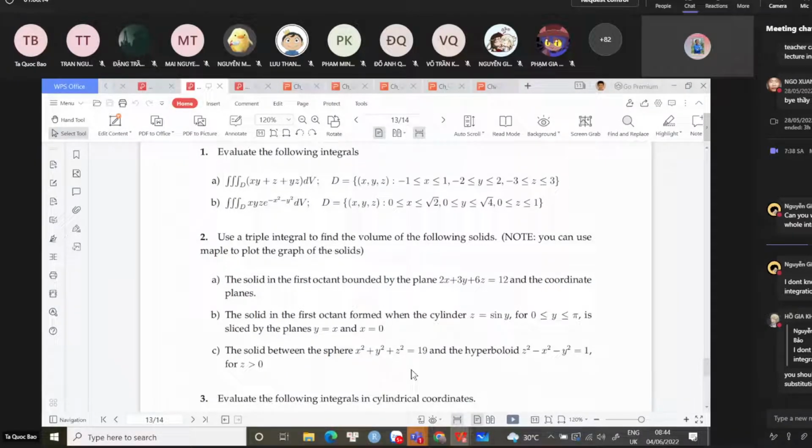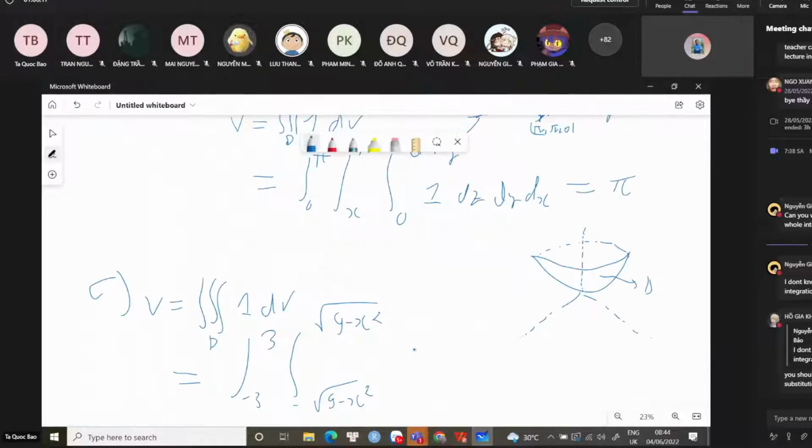Oh, yes. Need to go from square root 1 plus x power 2 plus y power 2 to square root 9 minus x power 2 minus y power 2. Okay, 1 dz dy and dx.